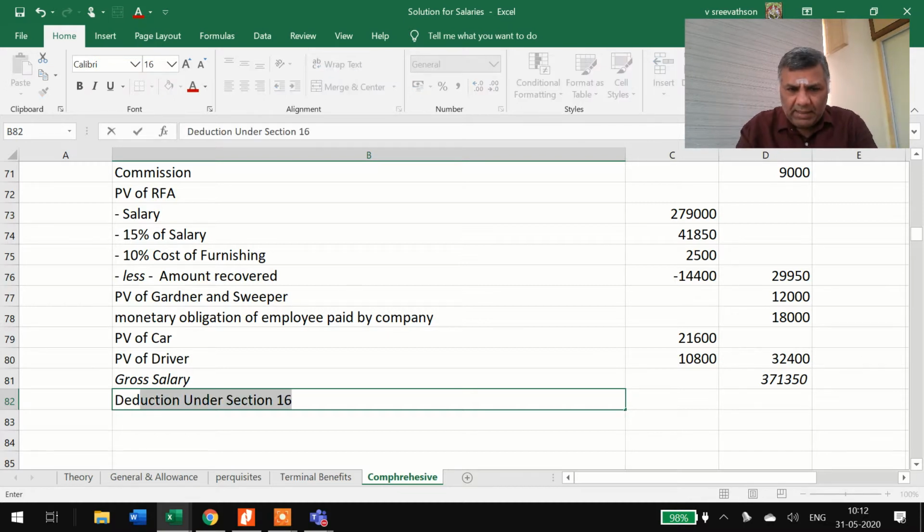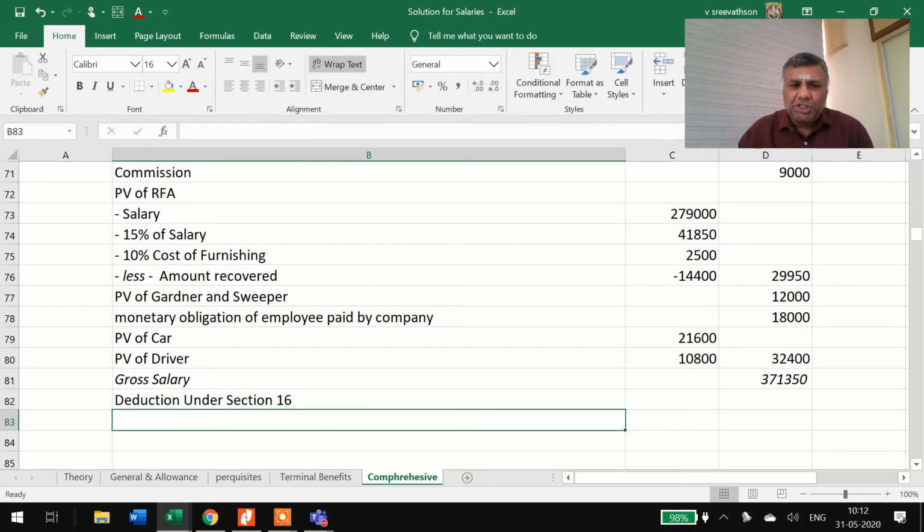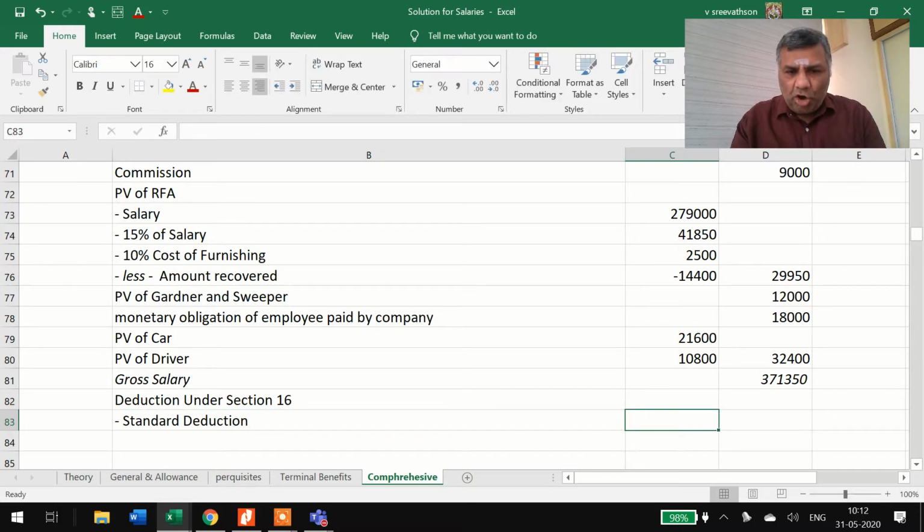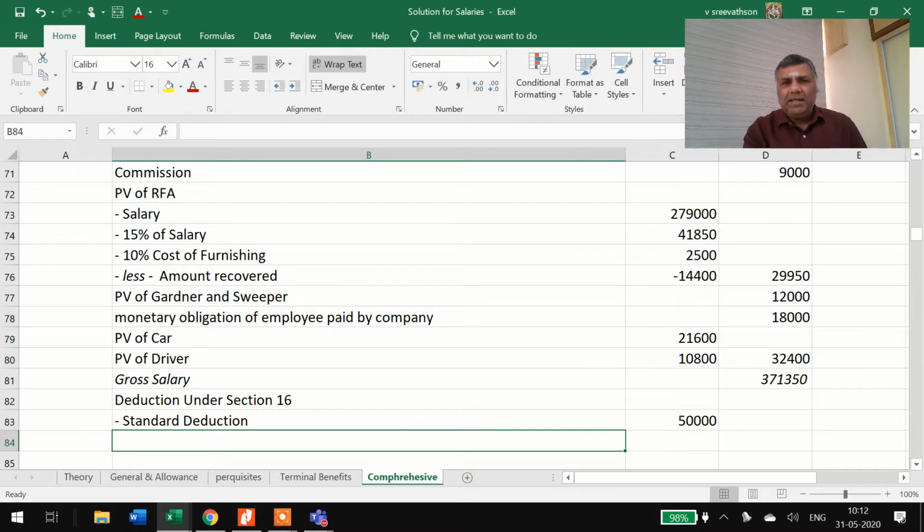Deduction under section 16. Standard deduction, we all know, is 50,000 flat amount.